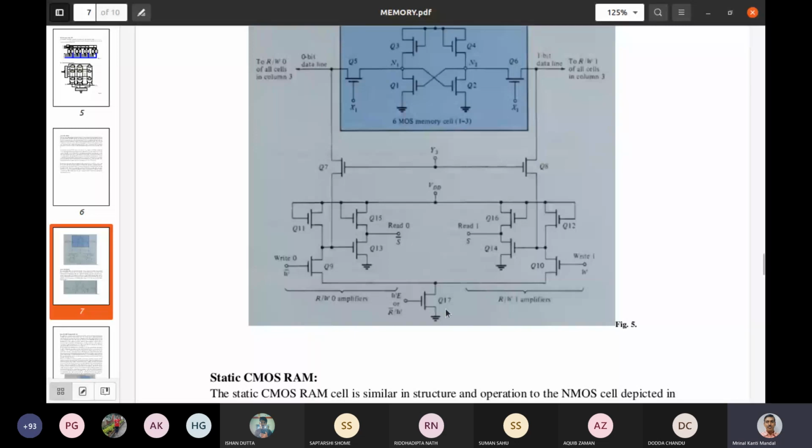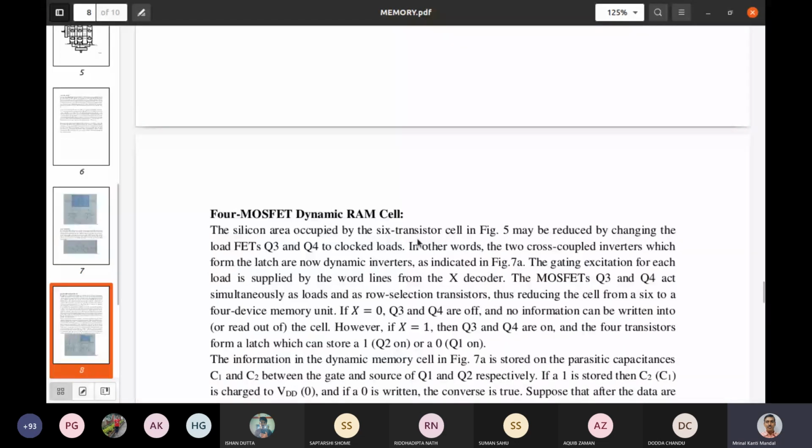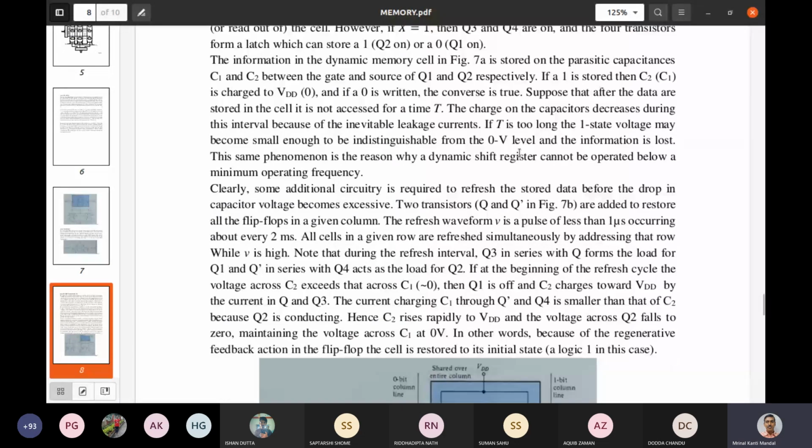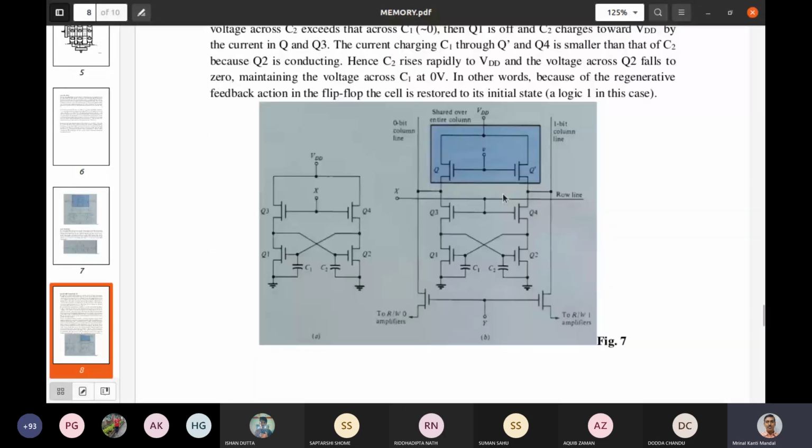Then we consider the dynamic RAM cell. These are the basic description of the dynamic RAM cell that I have already mentioned. Here, this dynamic RAM cell has 4 transistors, compared to your static RAM which has 6 transistors.